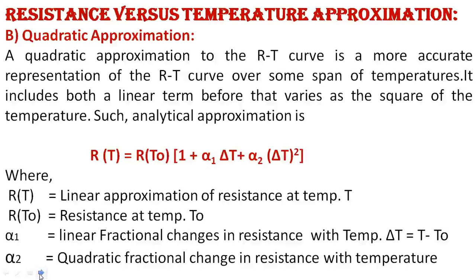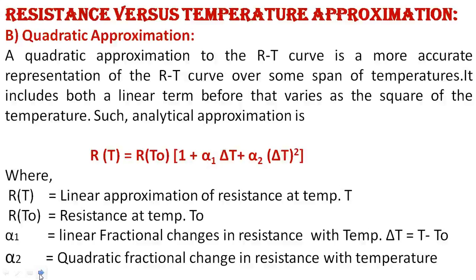Now next concept is the resistance versus temperature approximation, that is the quadratic approximation. The quadratic approximation to the RT curve is a more accurate representation of the RT curve over some span of temperature. It includes both a linear term and a term that varies with the square of the temperature. So RT is equal to RT0 in bracket 1 plus alpha 1 del T plus alpha 2 del T square, bracket complete.